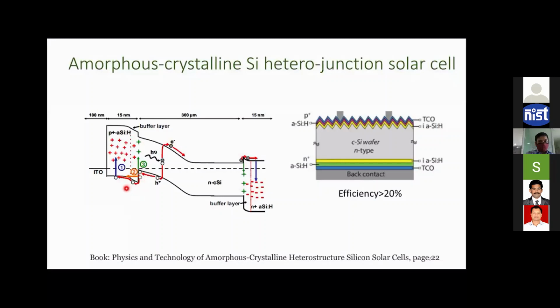But you have to be very careful that the thickness of your intrinsic amorphous silicon is not much, because if the thickness is high, then you are preventing the tunneling of the charge carriers across the intrinsic silicon. So in short, if you are incorporating very thin intrinsic amorphous silicon, it is not going to affect your charge carriers much, but you will get a boost in your efficiency because of the excellent surface passivation offered by this intrinsic amorphous silicon layer.